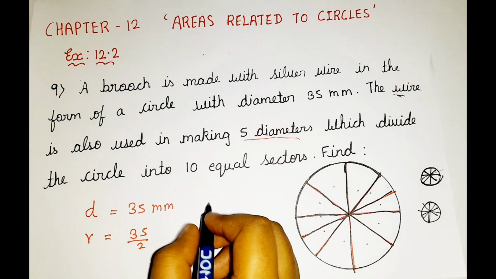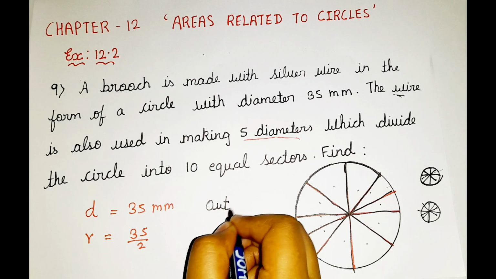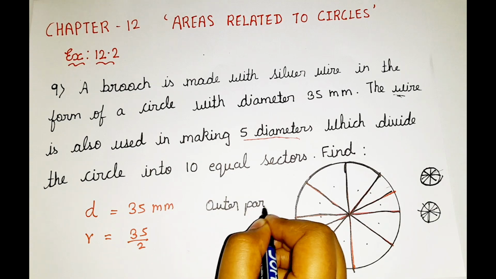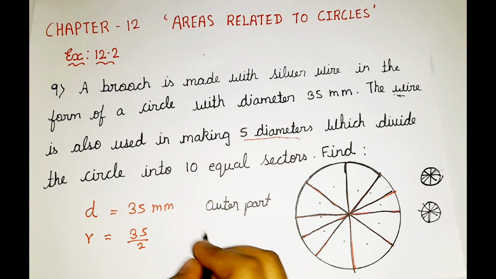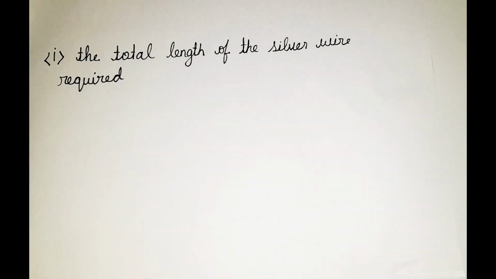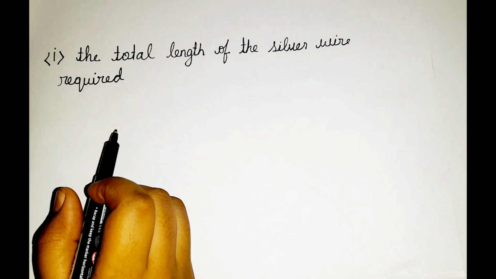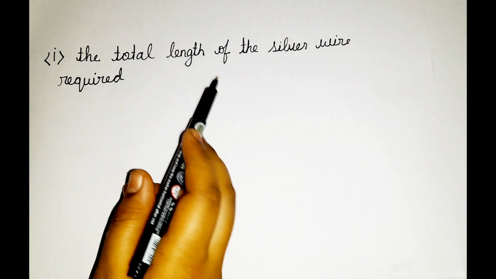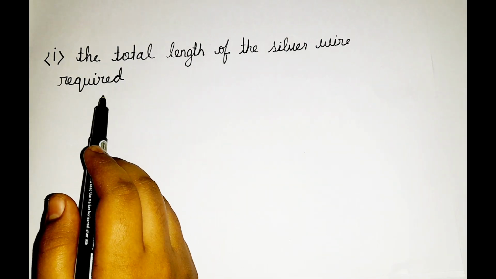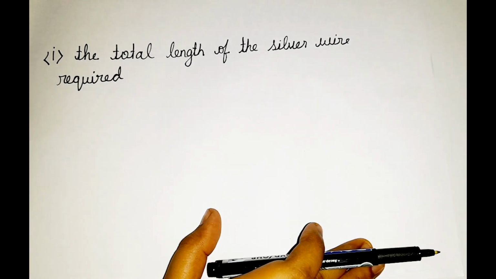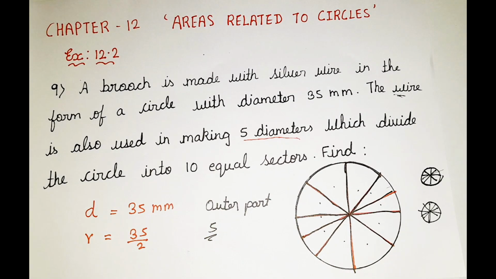So now we know the outer part is made up of silver wire, and the 5 diameters are also made up of silver wire. Why are we talking about silver wire? Because according to the first subdivision, we are supposed to find the total length of the silver wire required, how much silver wire we used for making a brooch.